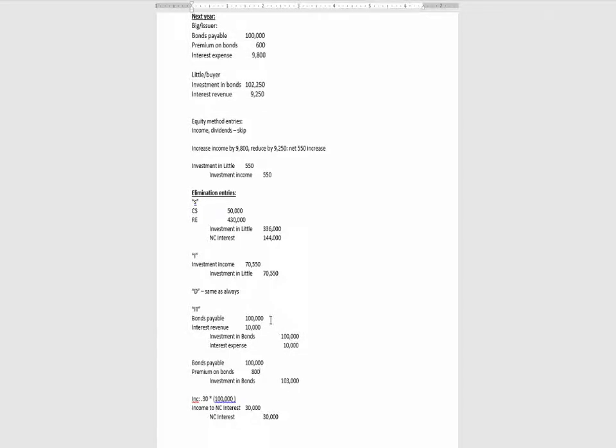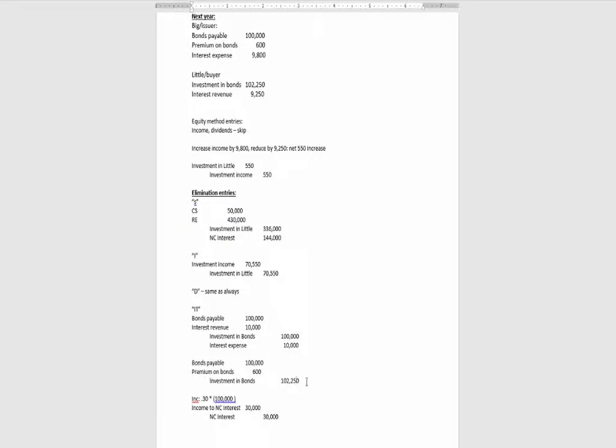Bonds payable, $100,000 being eliminated. The premium on bonds is now down to $600. Investment in bonds, $102,250. But now, in addition, we've also got the interest expense and the interest revenue.